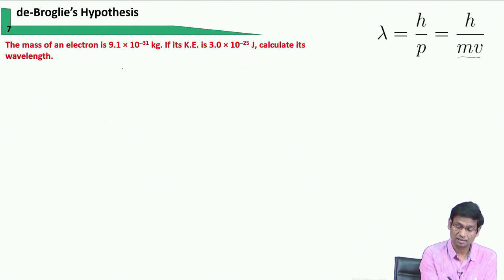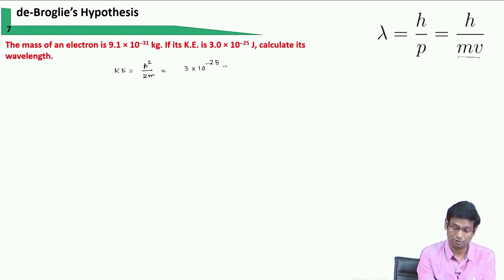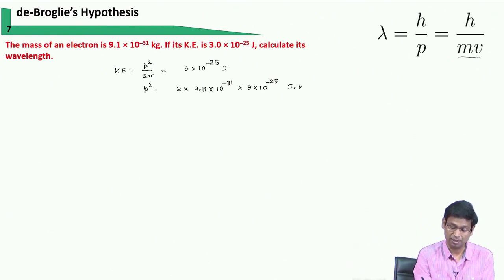So, we know that kinetic energy is p square divided by 2m, where p is the momentum. This is given as 3 into 10 to the power minus 25 joules. So, therefore, p square is 2 into the mass of electron, 9.11 into 10 to the power minus 31 kilogram, into 3 into 10 to the power minus 25 joule.